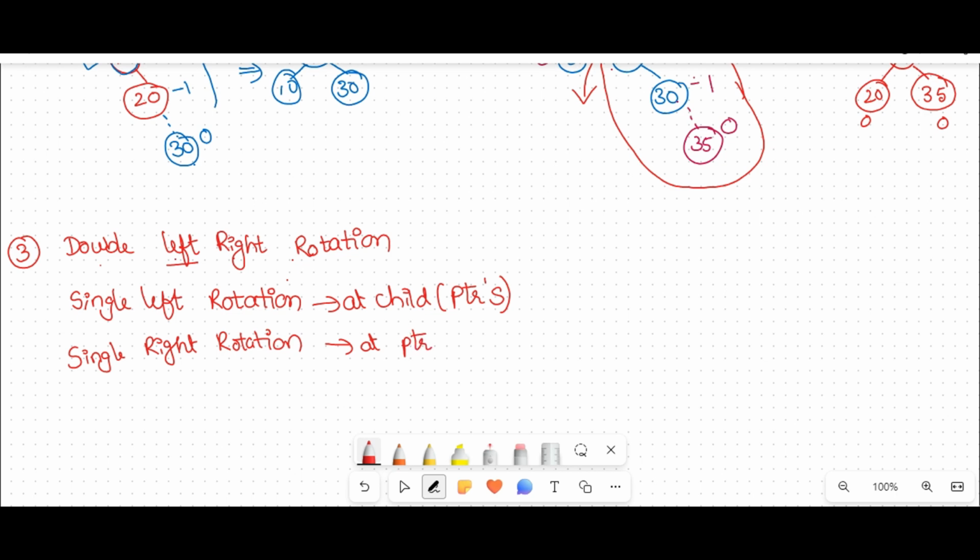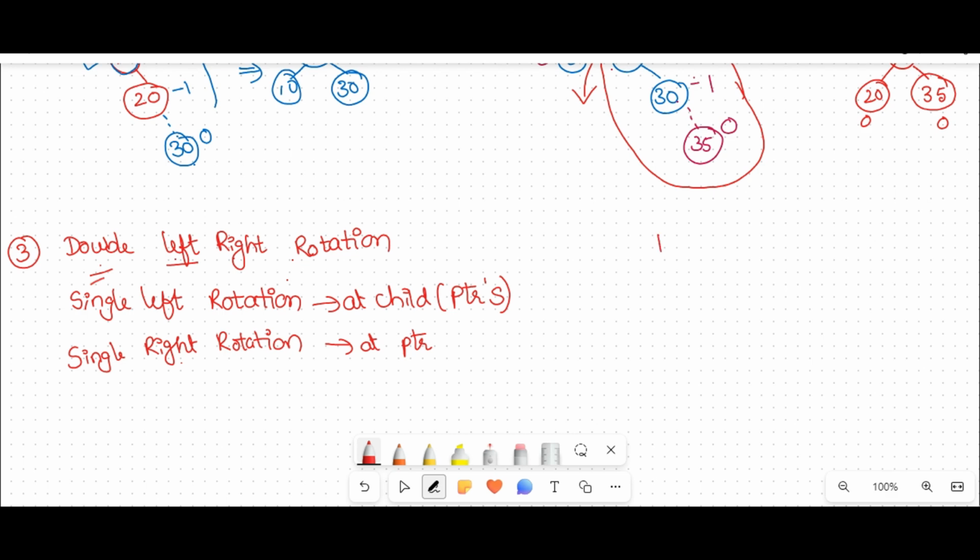At PTR, single right rotation you have to apply. Then you will get the double left right rotation.